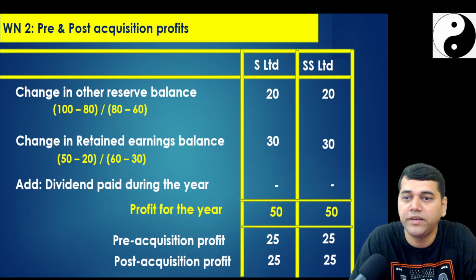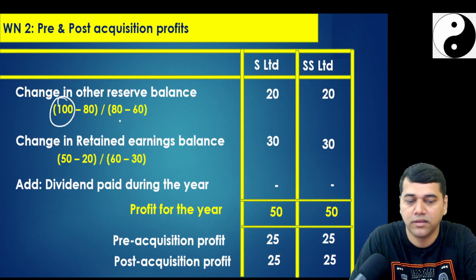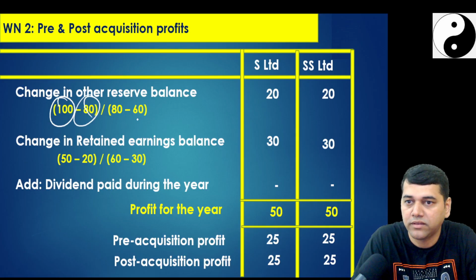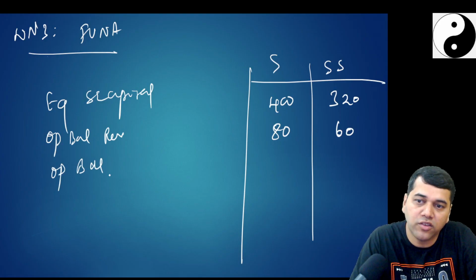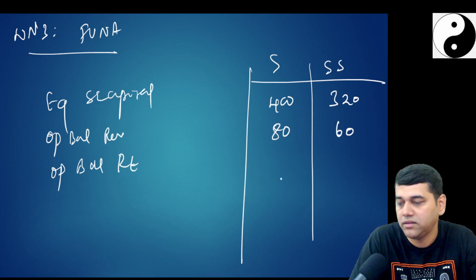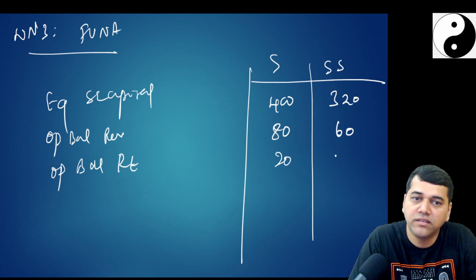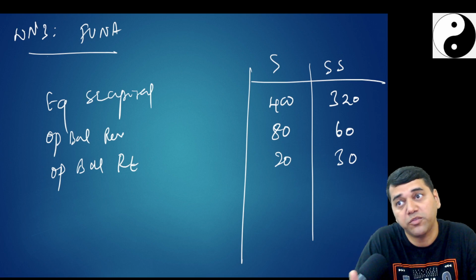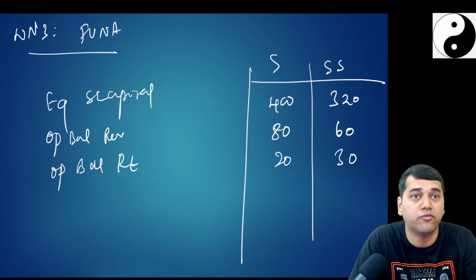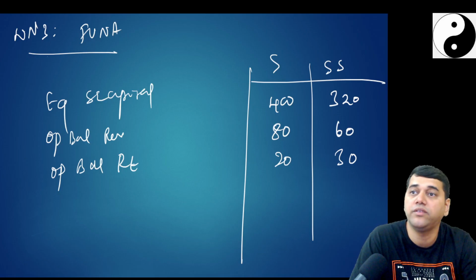Previously we did this too. Now, what is your opening balance of retained earnings? 20, 30. That means 6 months before my acquisition date only this much balances were there, which was earned in the previous years.